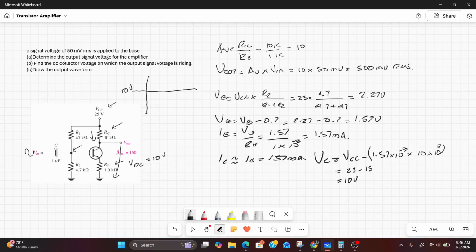So if our output signal is 500 millivolts and is riding on top of the 10 volts DC, it'll go 500 millivolts positive, so to 10.5, and it'll go down to 9.5. So it looks something like this. All right, so that is the video, and thanks for watching.